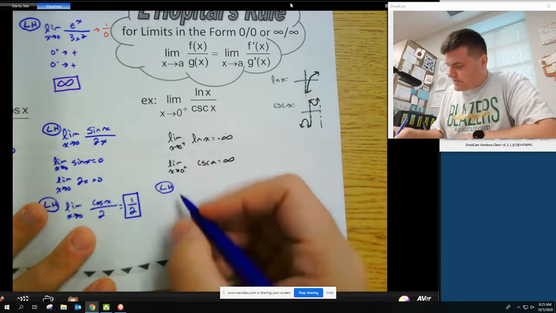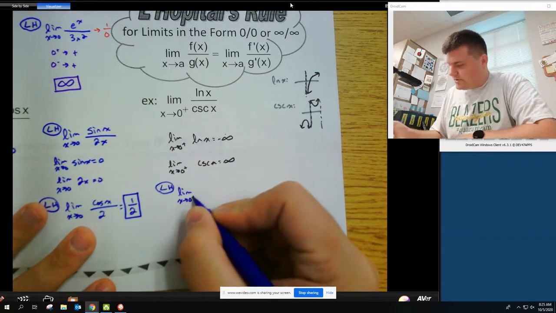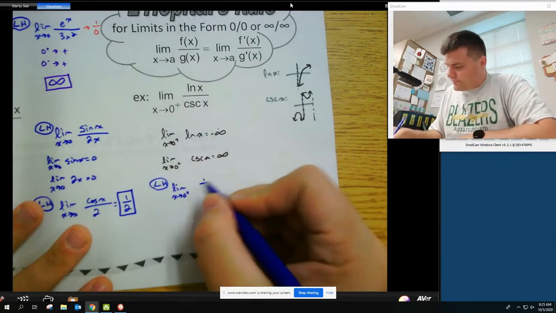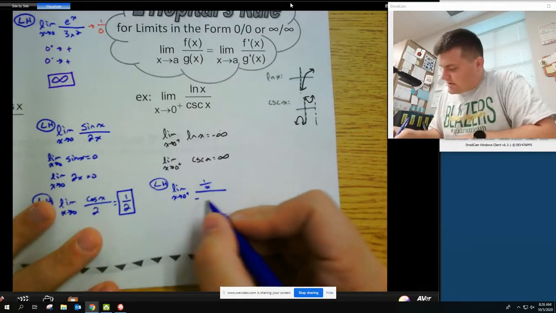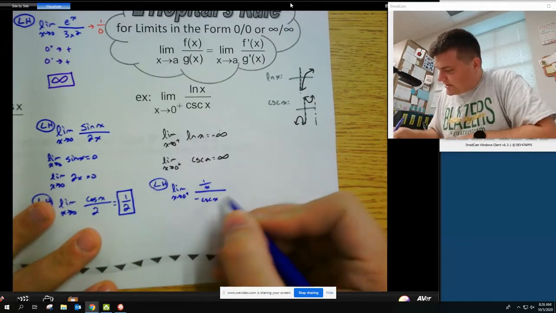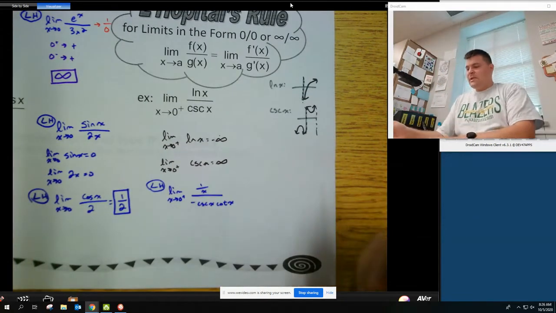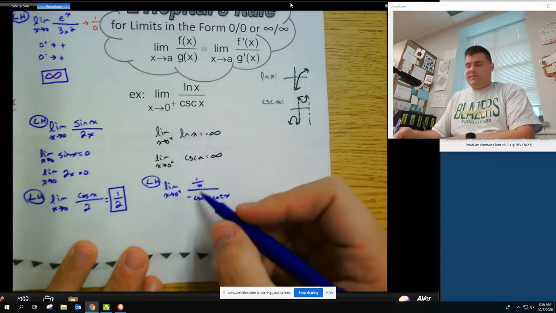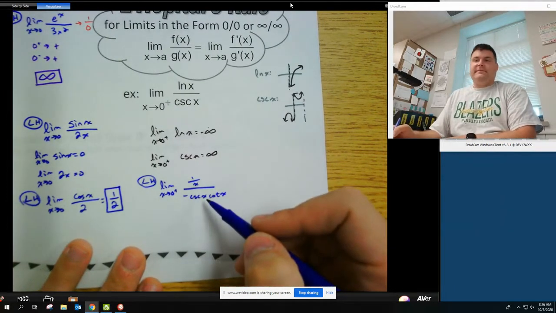So I'm going to be left with the limit as x approaches 0 from the right of 1 over x all over the derivative of cosecant, which is going to be negative cosecant x cotangent x. All right, now what's going to end up happening if I plug in the 0 again, I'm actually going to get another infinity over infinity.